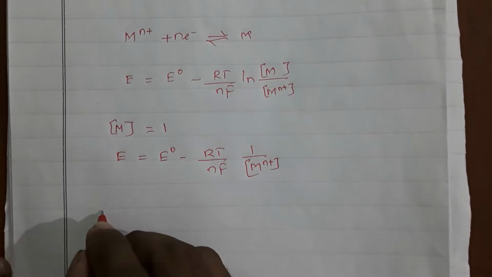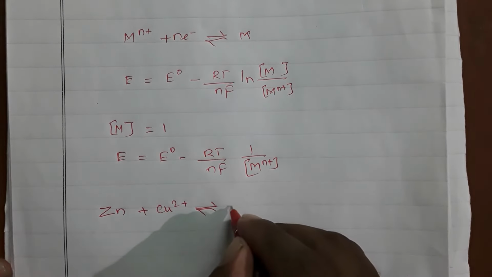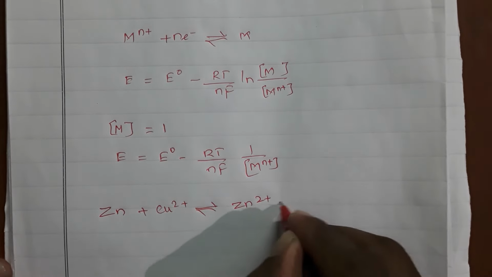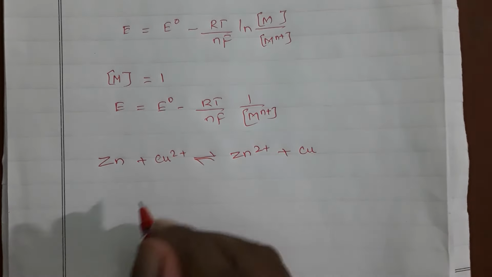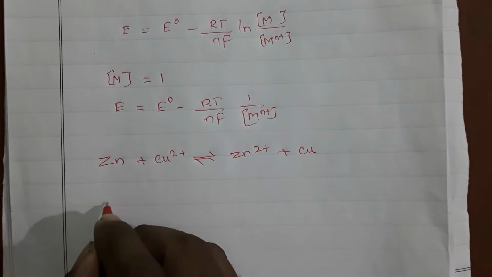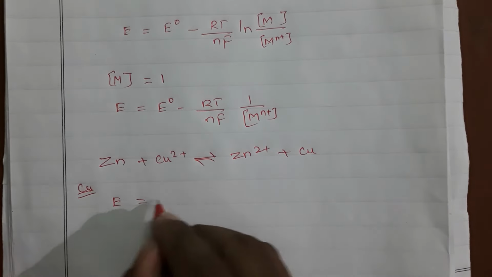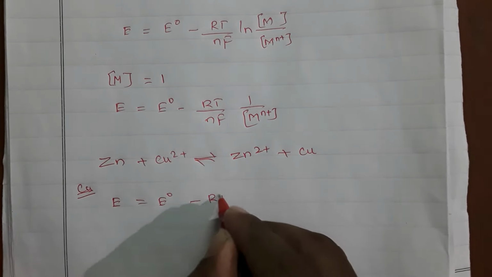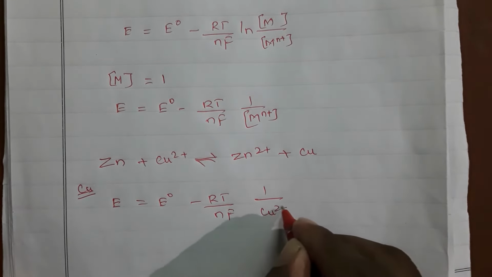You can write for this reaction: zinc plus copper 2 plus gives zinc 2 plus plus copper. This is a complete redox reaction. One species undergoes oxidation, another species undergoes reduction. Here you can write the equation for zinc as well as for copper. First for copper, E equal to E naught minus RT by nF ln 1 by copper 2 plus.